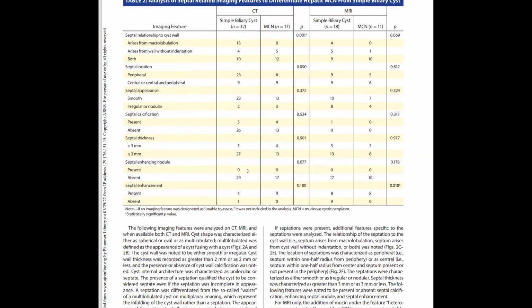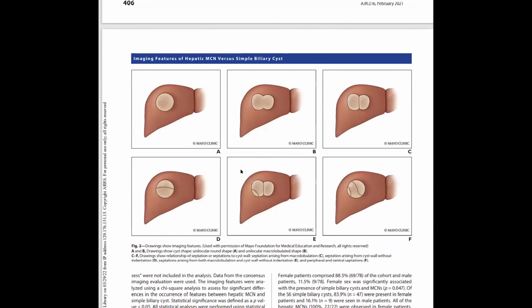What did come out to be significant was the septation. So simple cysts are unilocular and there are no septations. If they have margins like this, that's also a marker of simple cysts. And if they have septations that go to that indentation at the lobulation, these are great examples of simple cysts. You're just done, nothing to do.